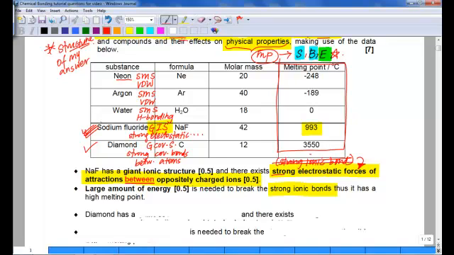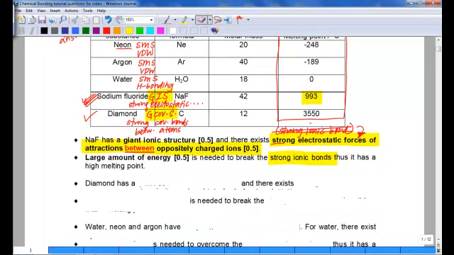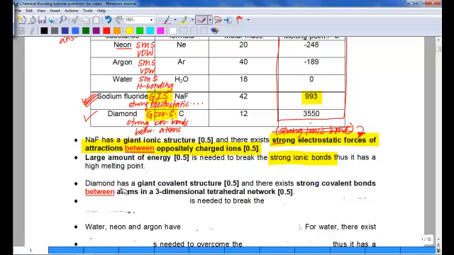So now let's take a look at another substance which is on its own league. In this case, we have diamond, giant covalent structure. Diamond on its own, we can say that it has a giant covalent structure that exists strong covalent bonds between atoms. Take note to add this point in a three-dimensional tetrahedral network.